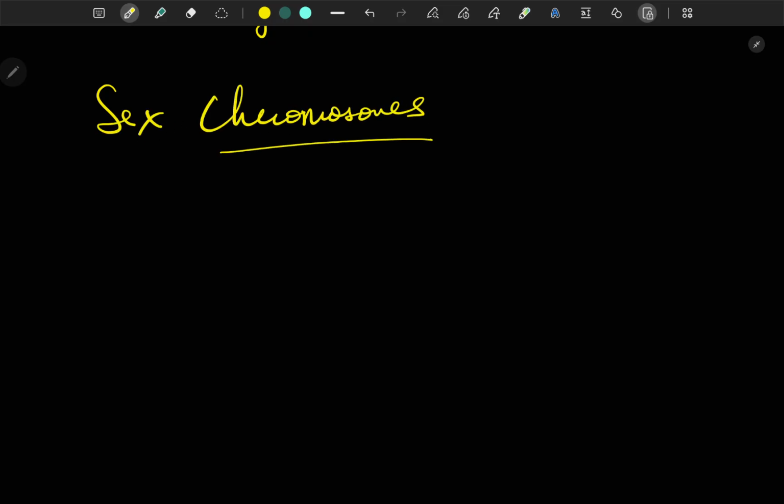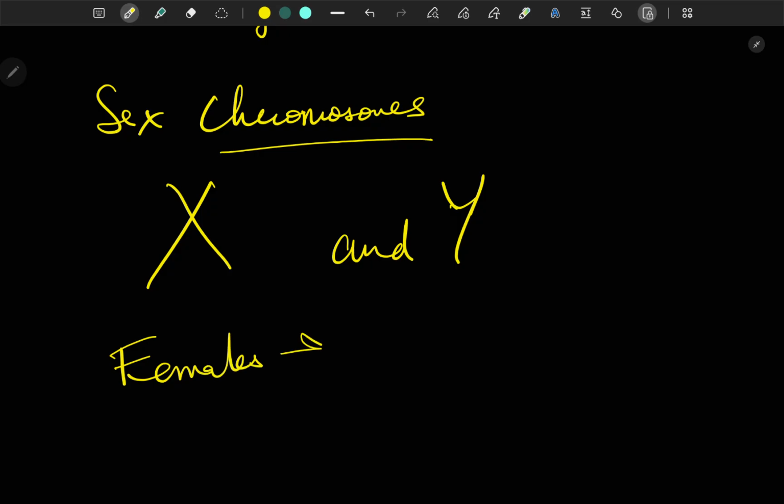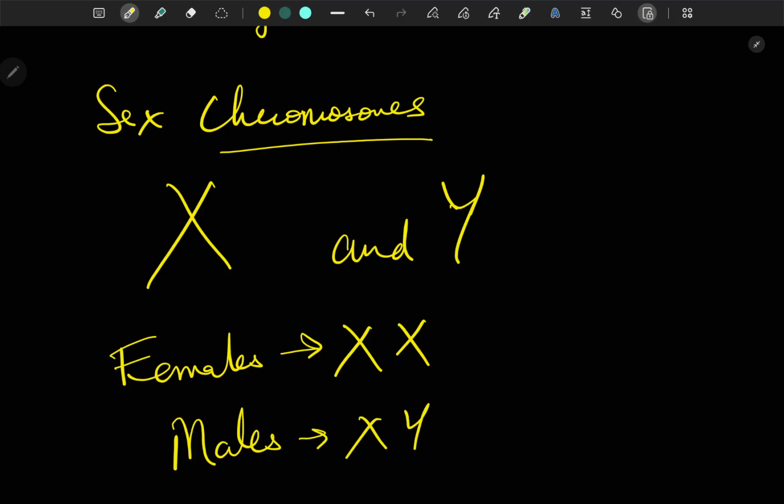Now turning to the sex chromosomes. Most chromosomes have a matching pair, but chromosomes X and Y are special. Females usually have XX, and males have XY.